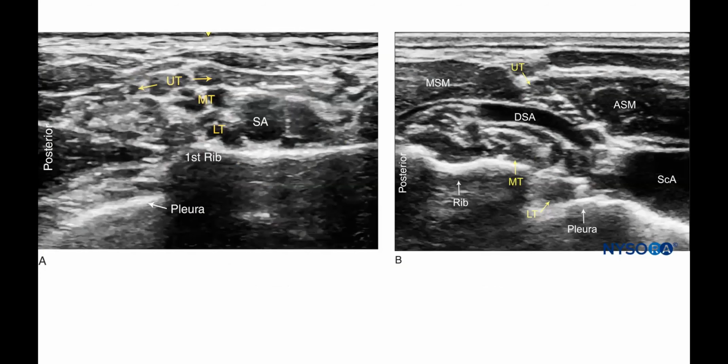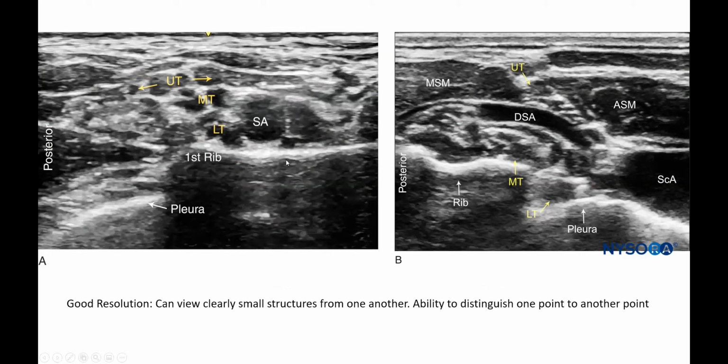An example of a high resolution image with a high frequency ultrasound is like this. You can see it is a very good picture, which means really very good resolution, so you can differentiate one point from another point. Small muscle structure can be seen, and the nerve bundles can be seen clearly from one another.